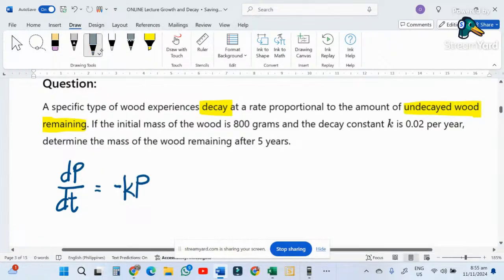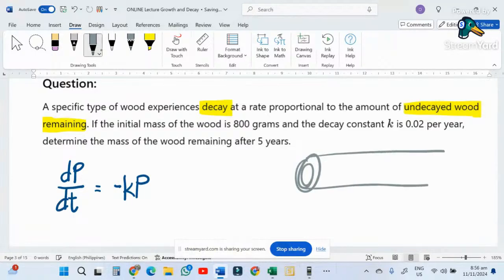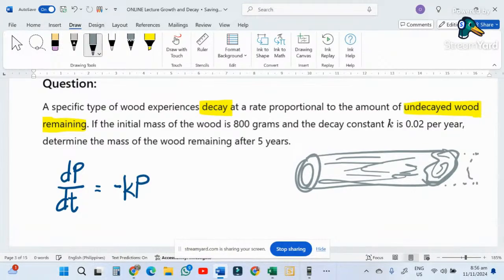So for example, you have a log here. It's decaying, and this was formerly this big, when it was still a whole log.